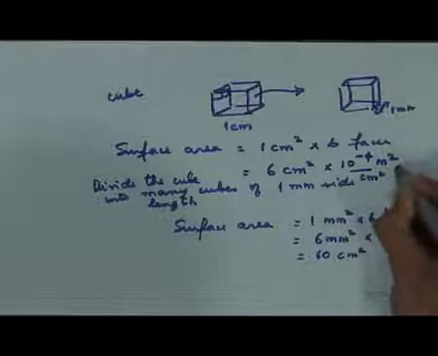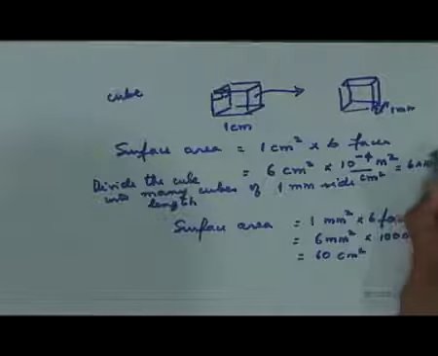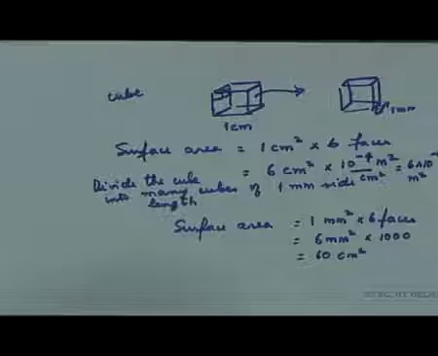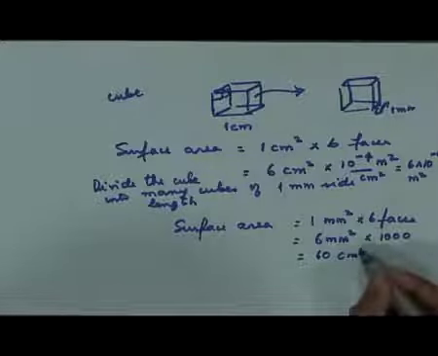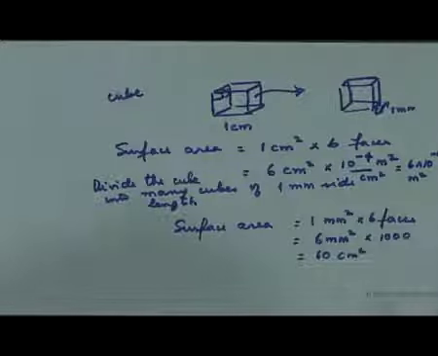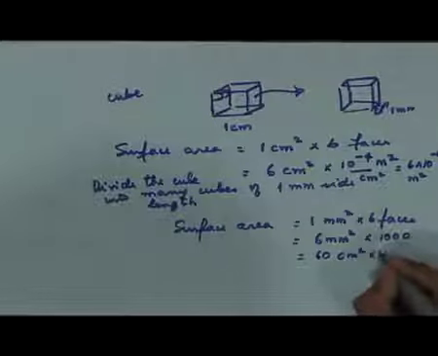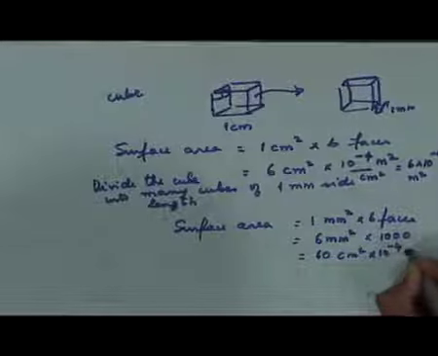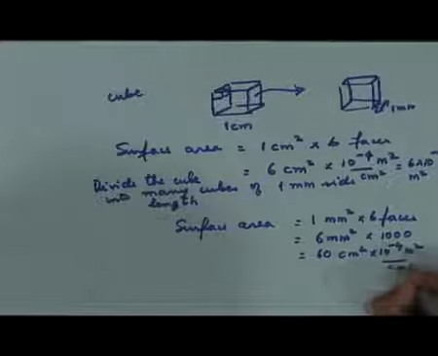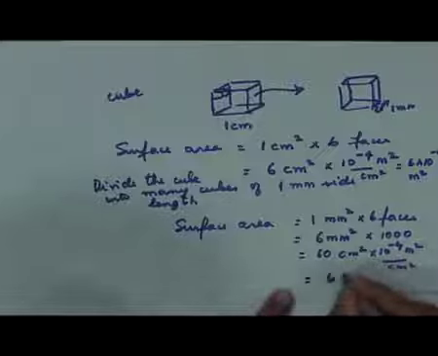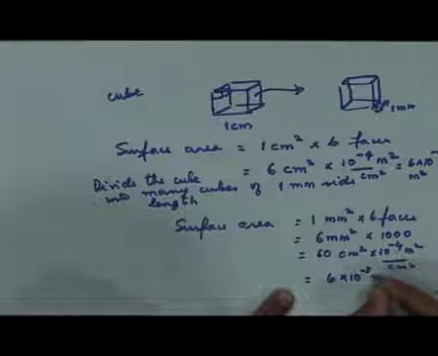That will give me 6 times 10 to the minus 4 meters square. For the 1 millimeter length, it will be 60 cm square times 10 to the minus 4 meters square over cm square. That will give me 6 times 10 to the minus 3 meters square.